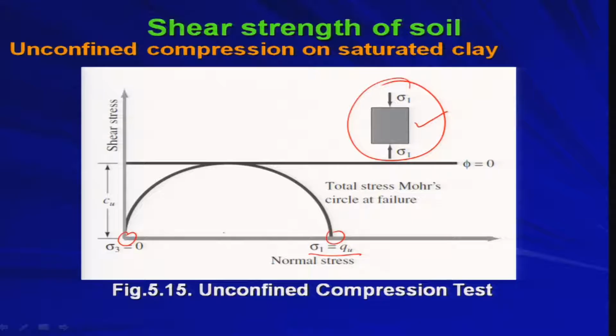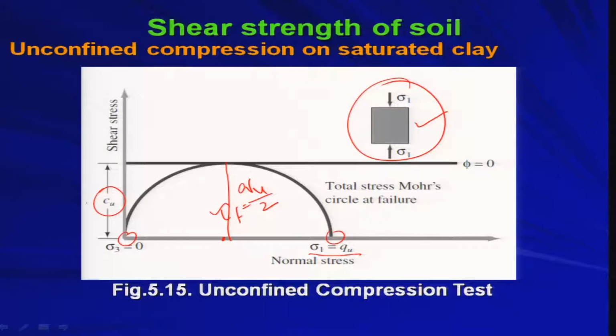This point is the center, and this is Qu by 2, which is nothing but tau f. We have already seen that in the previous equation. So, this is your shear strength. In this situation you will not be getting any phi angle.